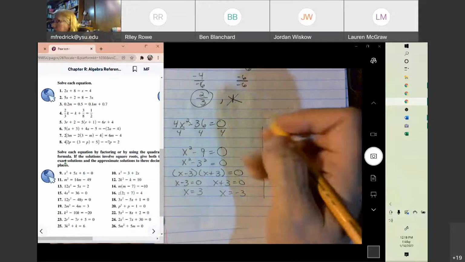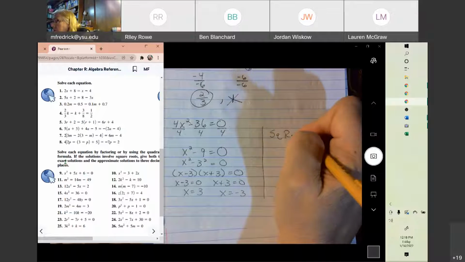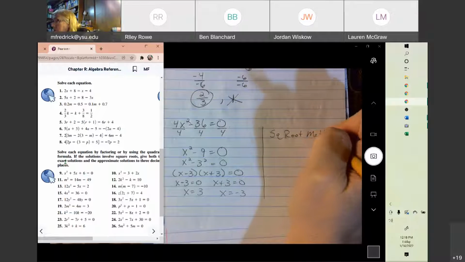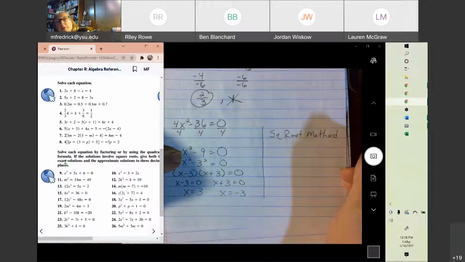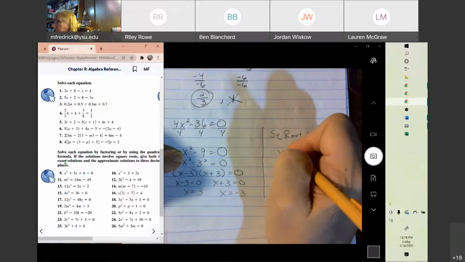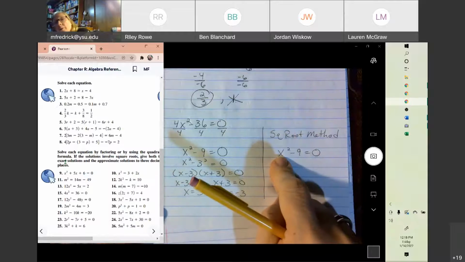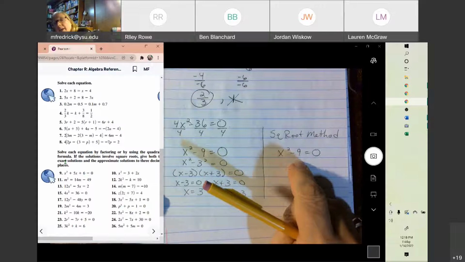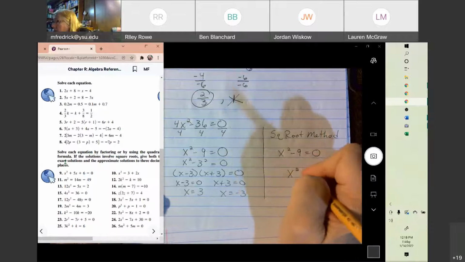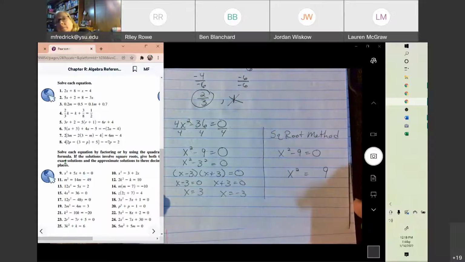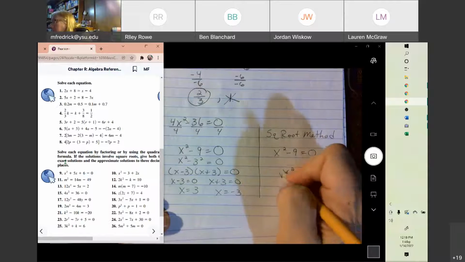We can also solve by the square root method. To solve by the square root method, you get the squared part by itself, so we would add the 9 to the other side. And then you can take the square root of both sides.